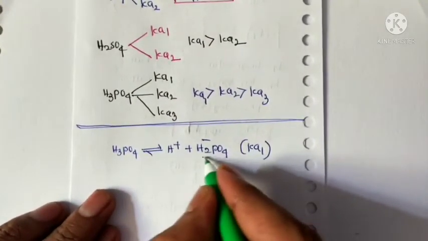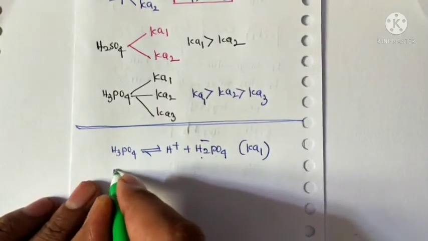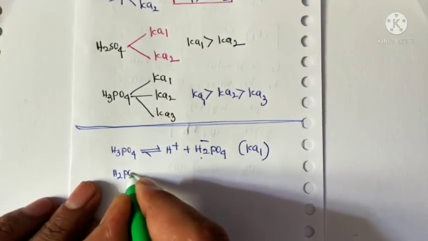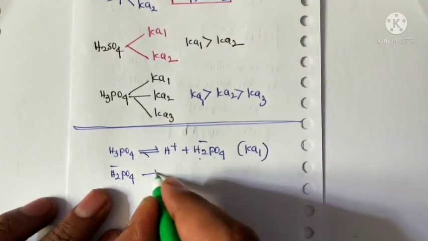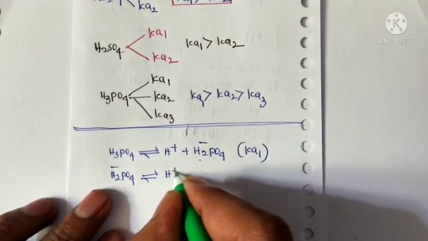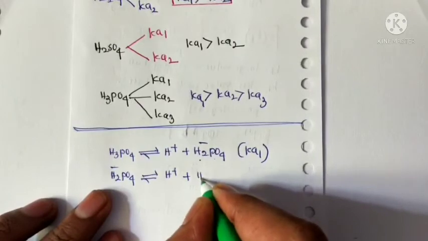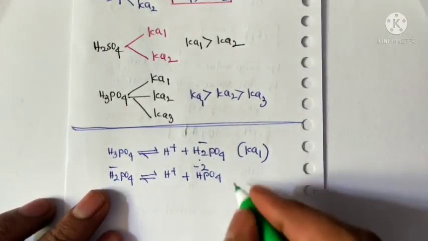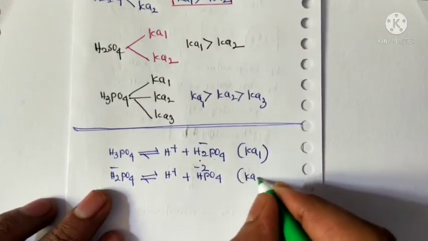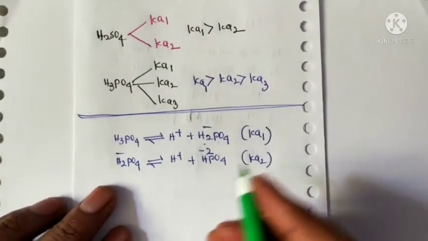Now H2PO4 minus will dissociate to form H plus ions and HPO4 2 minus. This is Ka2. We can write the ionization constant.